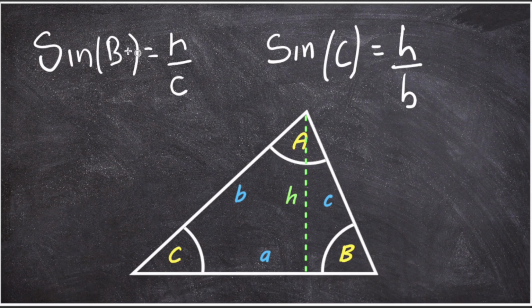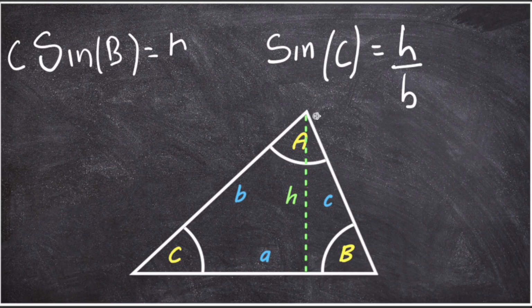Now, if we look at the equation that contains sine B and multiply both sides of it by c, we get c sine B on the left hand side and h over c times c. Well, the c's cancel and we get that c sine B equals the height of the triangle.